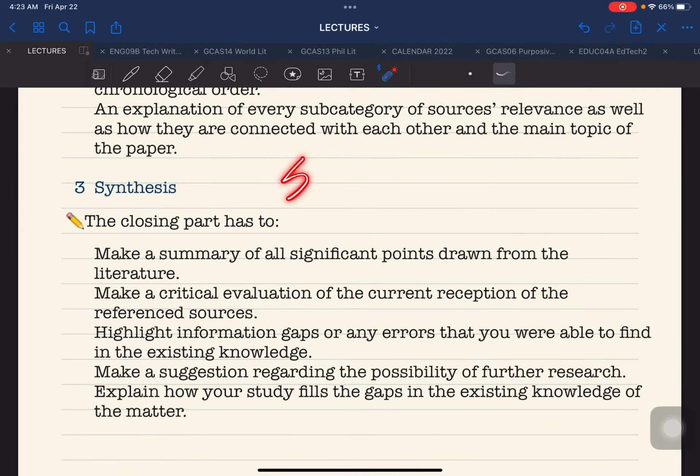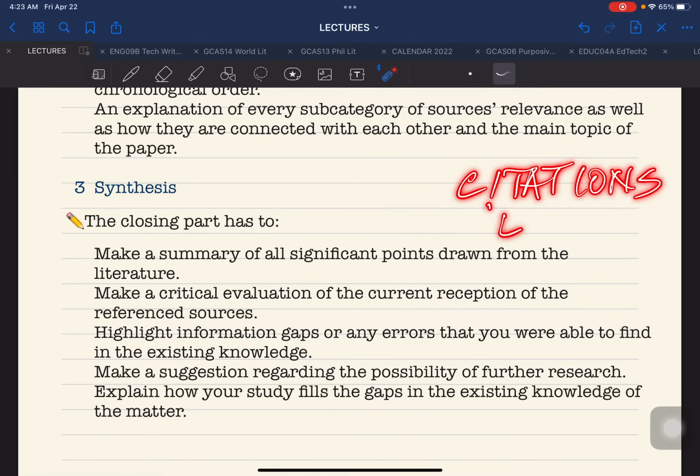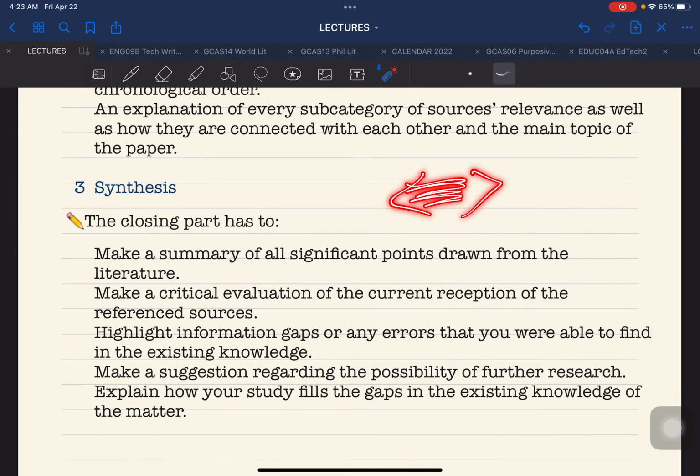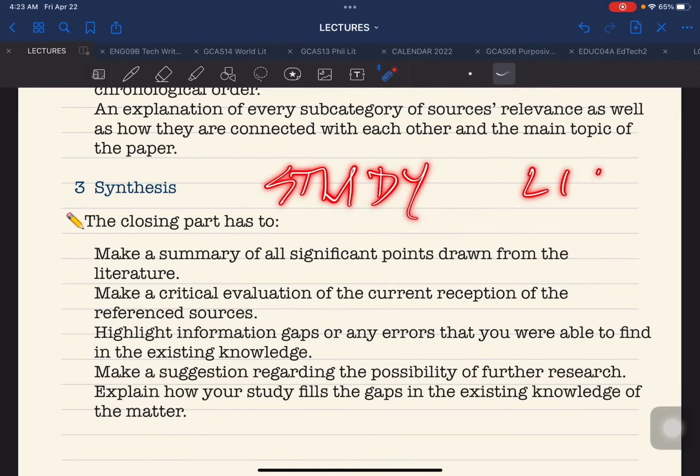So, your study should always be related to the citations or literatures that you are discussing. So always try to find and establish the relevance of your study with the literature that you are discussing.